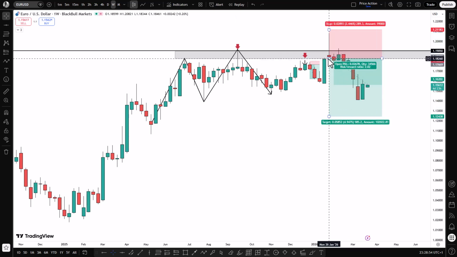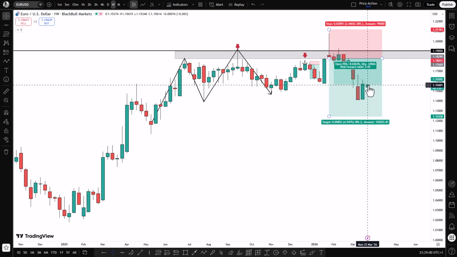You would have taken this trade around here, and then even though it's been 1 candle, 2, 3, 4, 5, 6, 7, 8 candles, around 2 months, price has not reached your 2R profit target. So you can imagine, you're trading, and even though you've held a trade for almost 2 months, it hasn't come anywhere near, it hasn't even hit your profit target. So this is one of the reasons why you don't want to trade the higher time frames all by themselves.